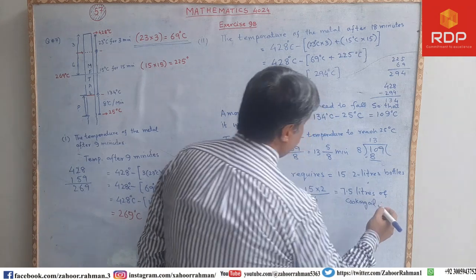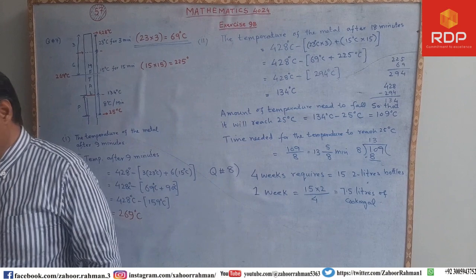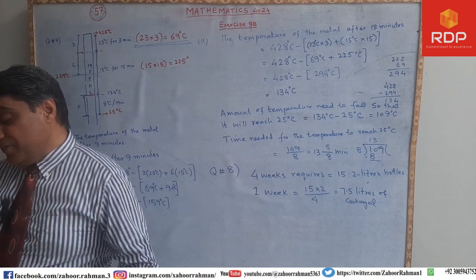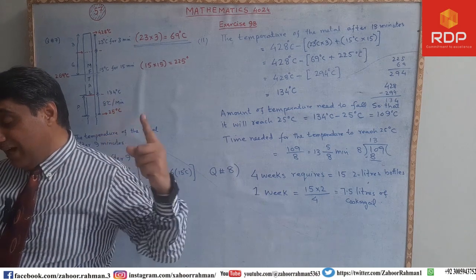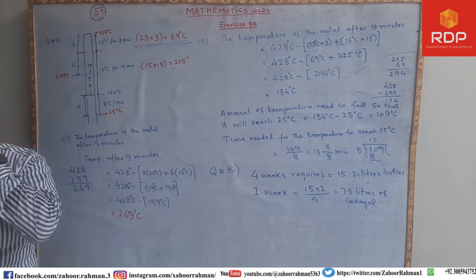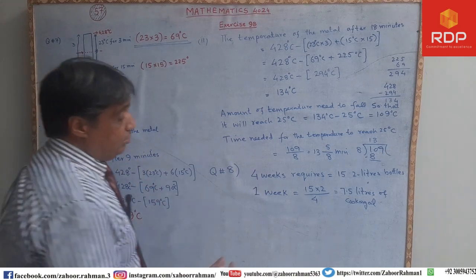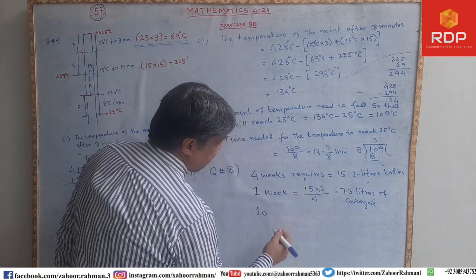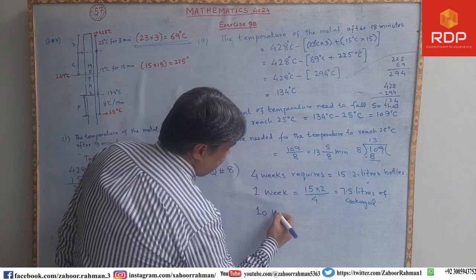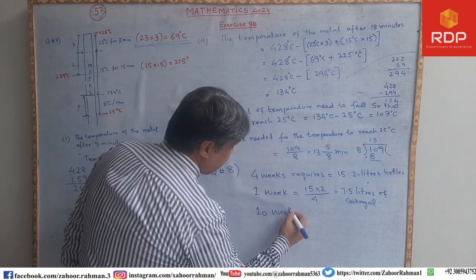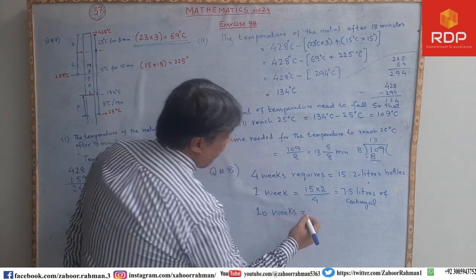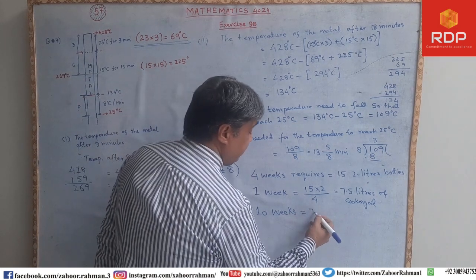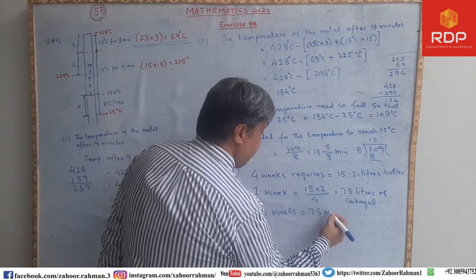We have to find for 10 weeks. So what will be his need for 10 weeks in liters? We converted into 1 week. So the 10 weeks requirement will be 7.5 multiplied by 10.